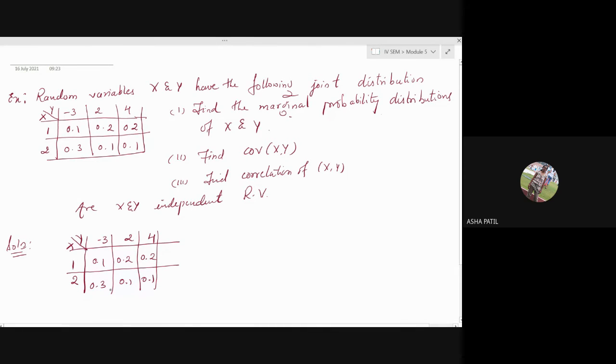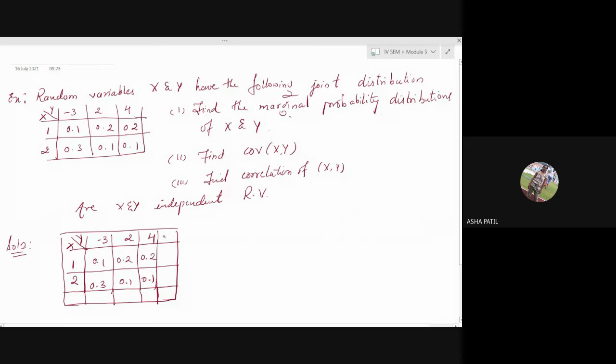Now how to go for the marginal distributions? What are marginal distributions? Summation of x and summation of y. You have to write here. What will you write in the last column?